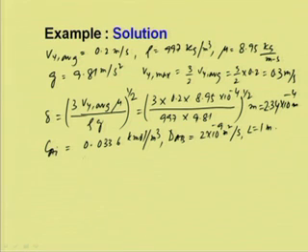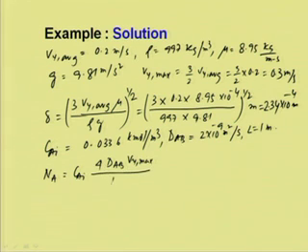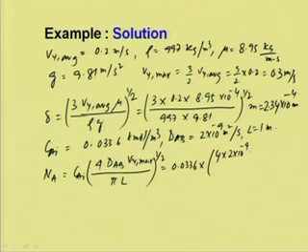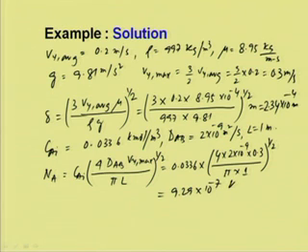So, if we substitute, flux N A will be C A I times 4 D A B V y max by pi L, to the power half, which is equal to 0.0336 into 4 into 2 into 10 to the power minus 9 into 0.3, divided by pi into 1 to the power half, which is equal to 9.29 into 10 to the power minus 7 kmol per meter square second.